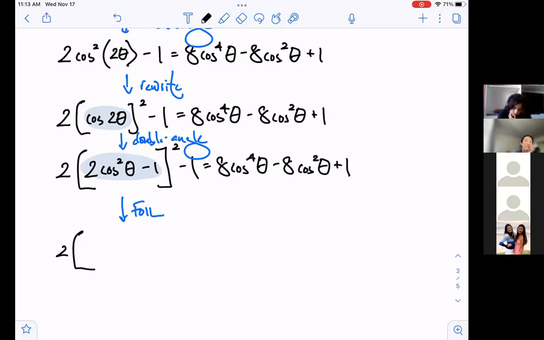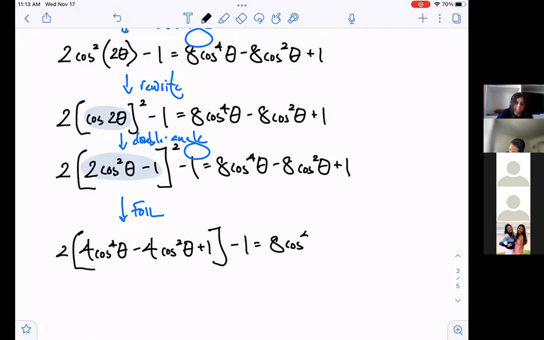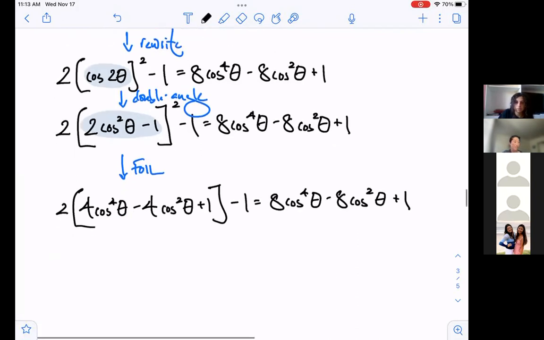I got 4 cosine to the power of 4 theta minus 4 cosine squared theta plus 1. All right, I agree with that. That is what I got as well. So let's just keep track of where that term went.